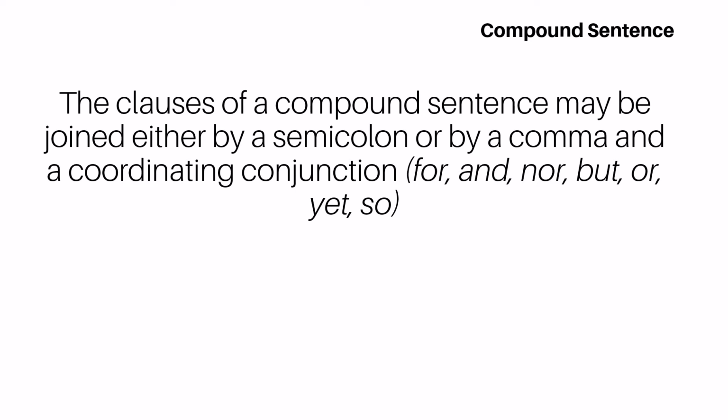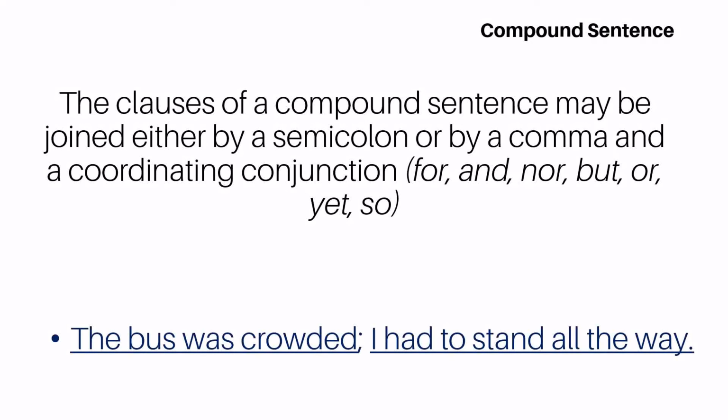In the example, you can see, the bus was crowded; I had to stand all the way. You can see here 2 sentences joined by a semicolon. And if a semicolon is used in a sentence, we call it a single sentence, unless we put a period there.